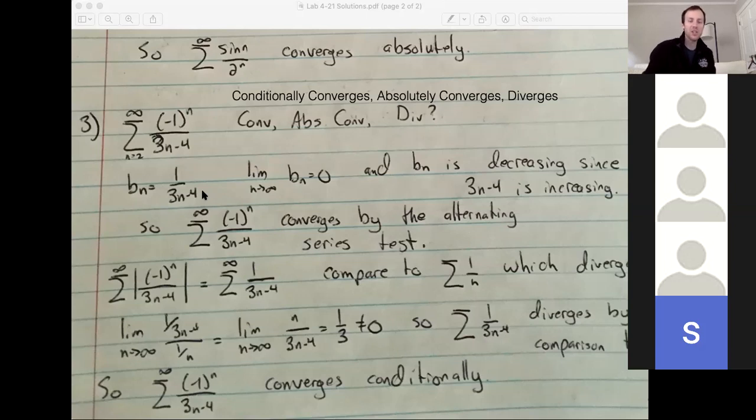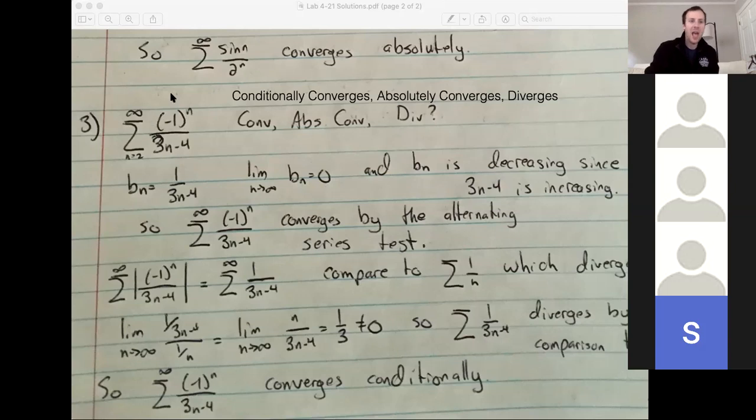And the alternating series test is nice because what you do is find a limit, it's 0. It's decreasing because the bottom is going up, which means the reciprocal is getting smaller. And that's all. Checking these two things means that the original series converges by the alternating series test.